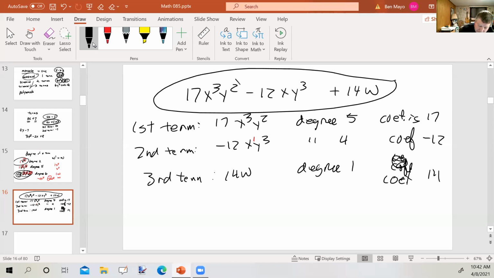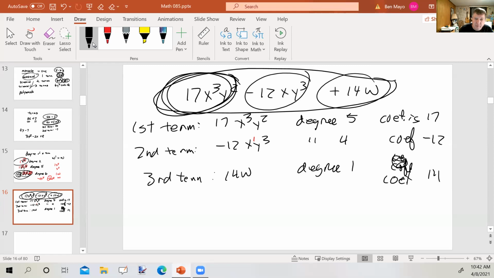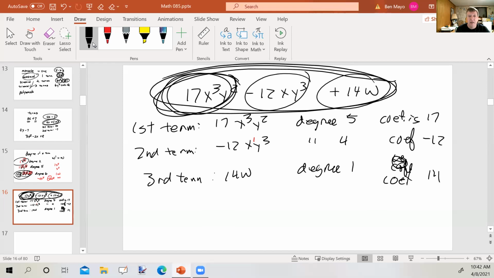Since this is a term of degree 5, a term of degree 4, a term of degree 1, this term has the highest power. It is a 5th degree term. Therefore, this is also a 5th degree polynomial, or more specifically, a 5th degree trinomial. So you've got the degree of individual terms, and then you've got the degree of the entire polynomial.